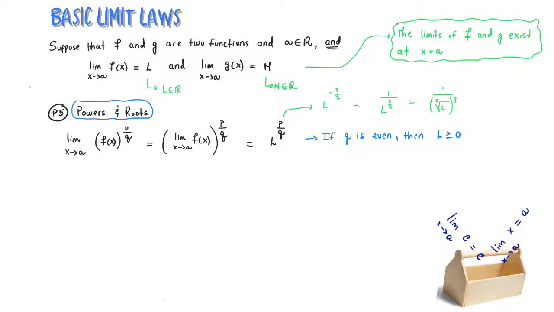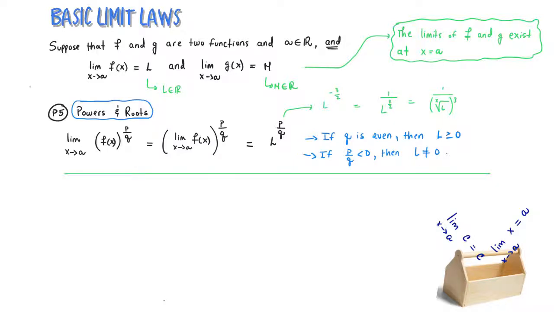Well, the point is that now L goes down to the denominator. So in this case, L cannot be 0. So I'm going to make that remark as well, that if p over q is less than 0, then L cannot be equal to 0, because then I will be dividing by 0, and again, that is undefined.